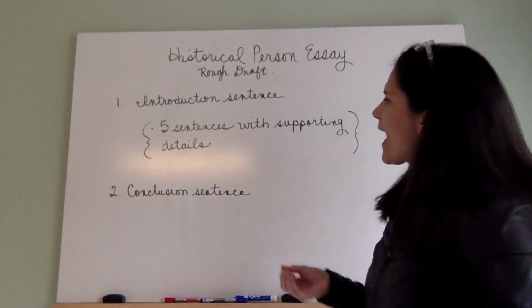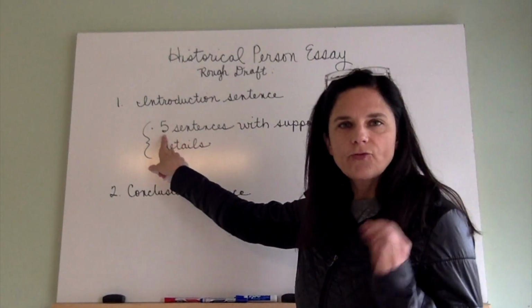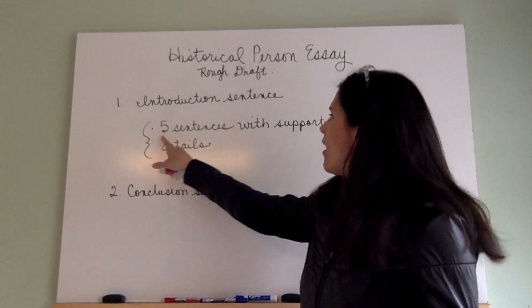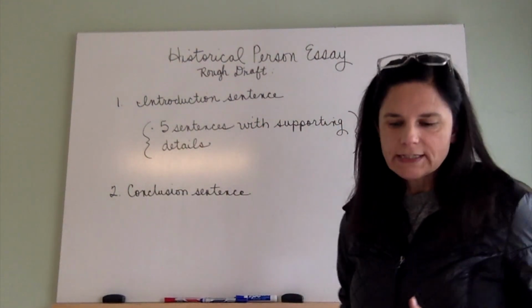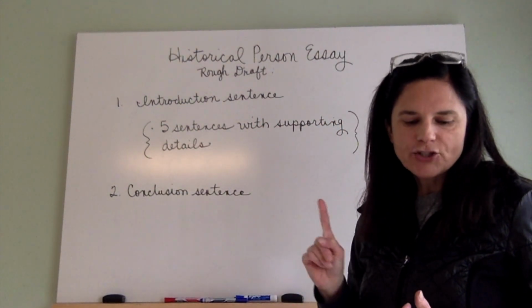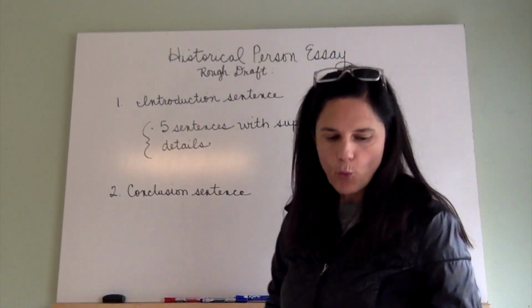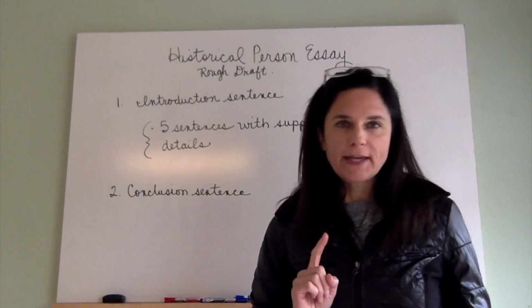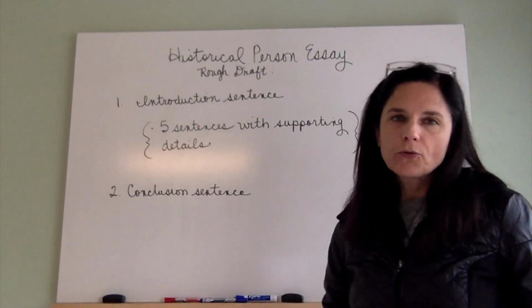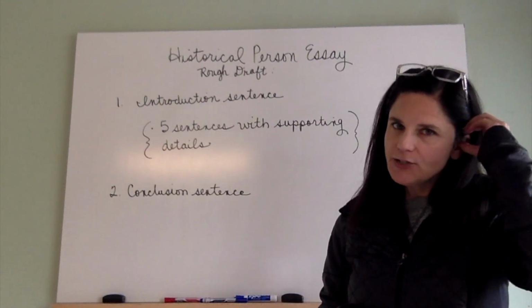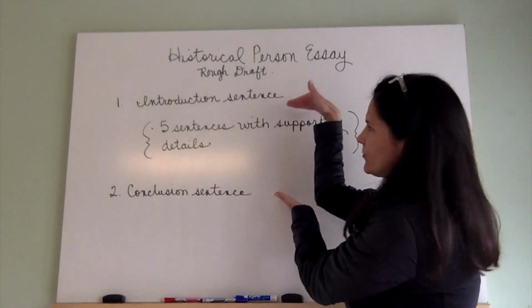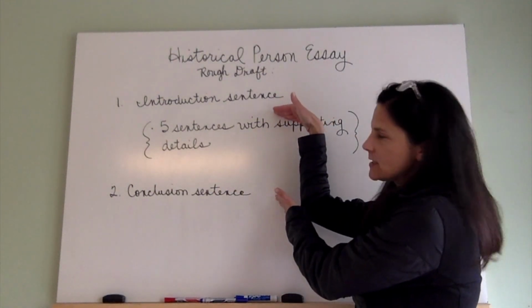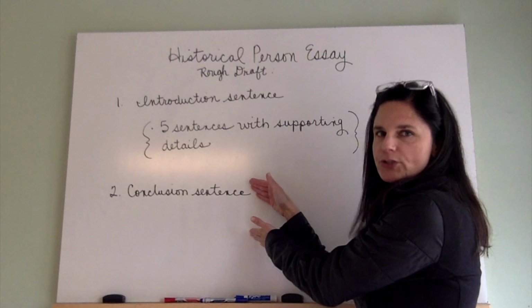And then following that, there should be at least 5 sentences that would include the supporting details. This would be the information about when this person was born, when they died, what were their jobs, occupations, or roles, and what were their accomplishments or effects on history. That would be the 5 supporting detail sentences, and then you would end with a conclusion sentence.